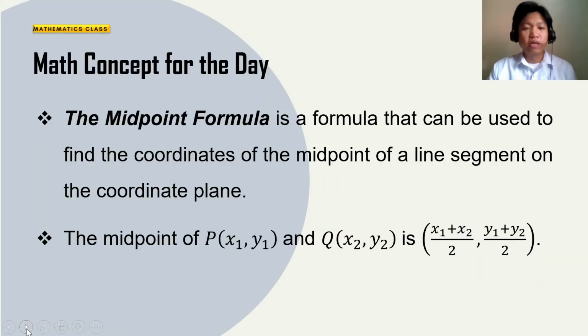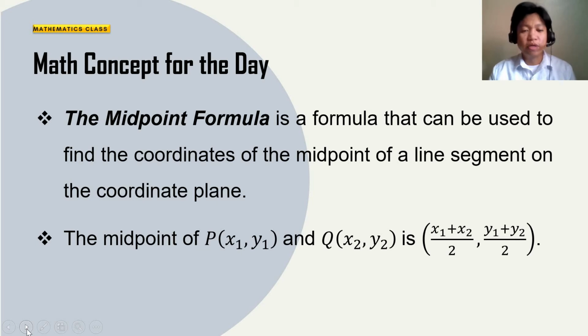So by our concept for today, what is a midpoint formula? By definition, it is a formula that can be used to find the coordinates of the midpoint of a line segment on the coordinate plane. So in the midpoint formula, we still use the coordinates, the abscissa and the ordinate.